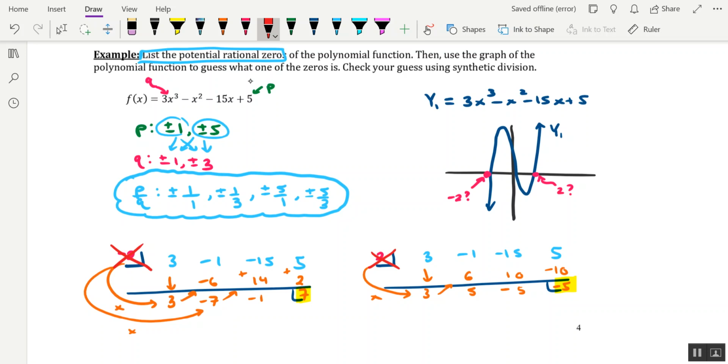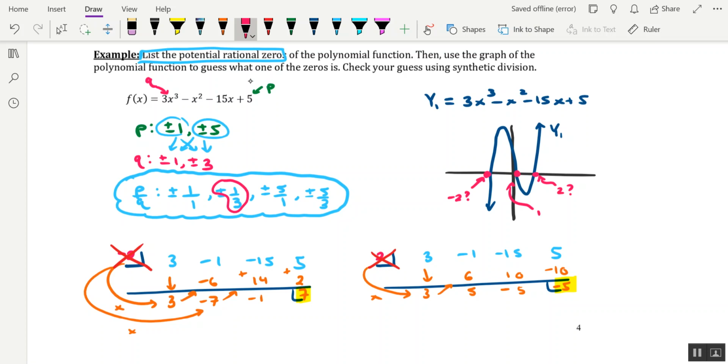So let's make a better informed guess. I guess I'll say it that way. So this third x-intercept, or the middle one, looks like it falls between 0 and 1. Now there happens to be a number in this list that's between 0 and 1, and that would be 1/3.